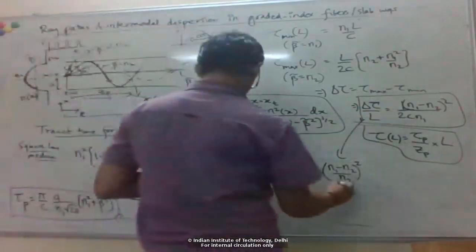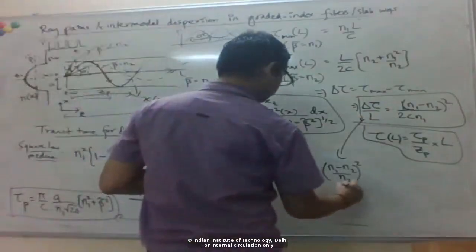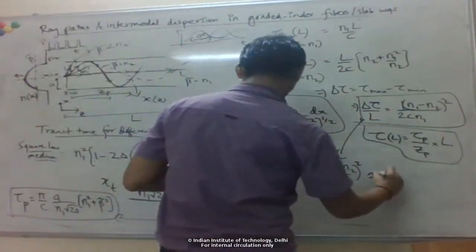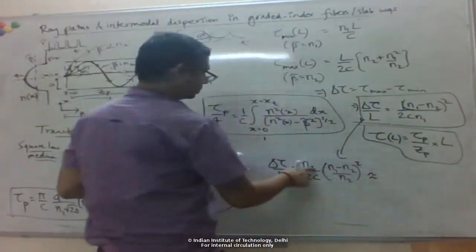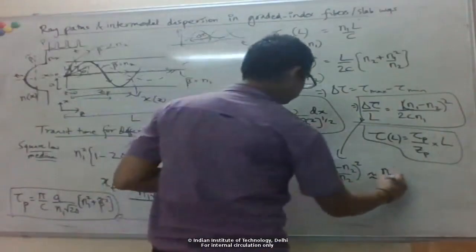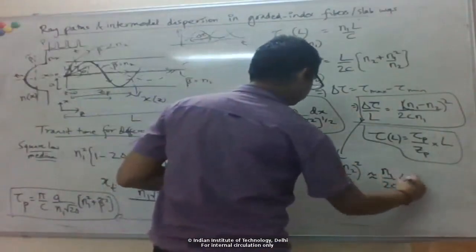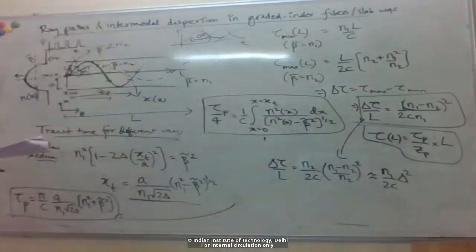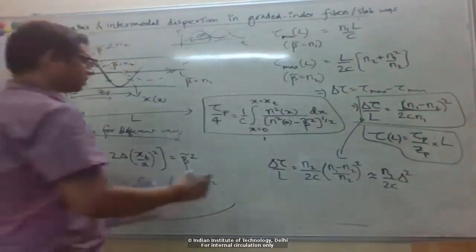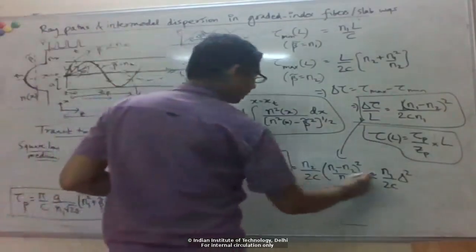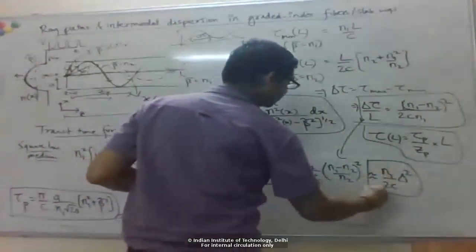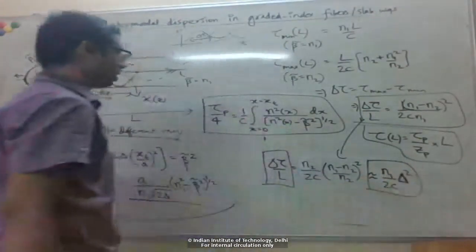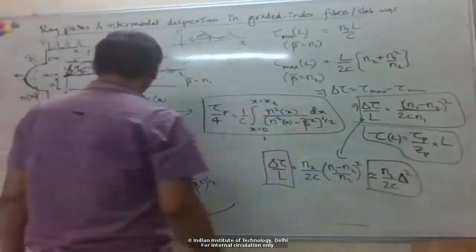And now this is approximately just delta. And if n2 is very close to n1, we can also just approximate it like that. One thing to note here is that the dispersion scales as the square of this quantity delta, which is the normalized index difference.